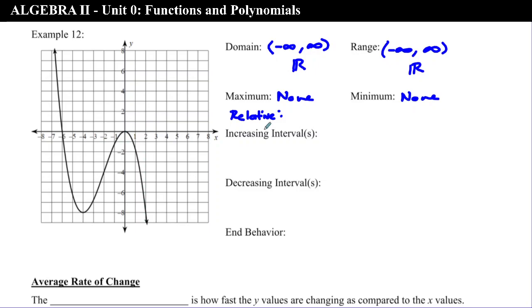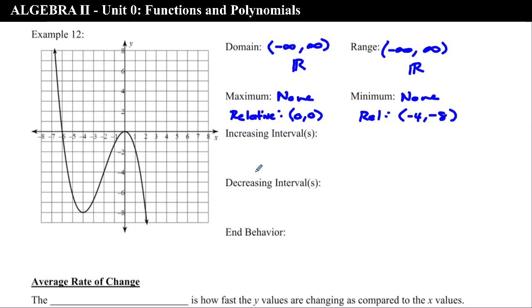Our relative maximum would be (0, 0). Our relative minimum would be down here, where the graph bottoms out in this neighborhood. And that one would be (-4, -8). And that's a relative as well.